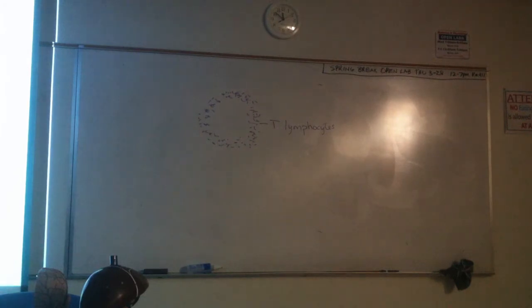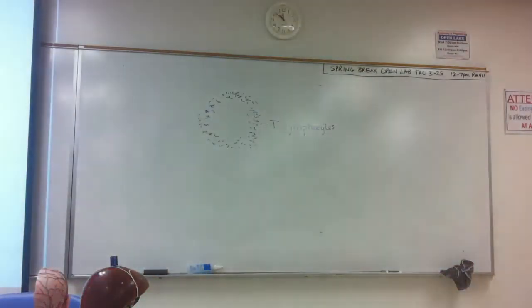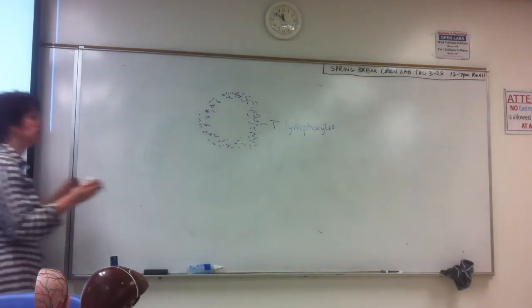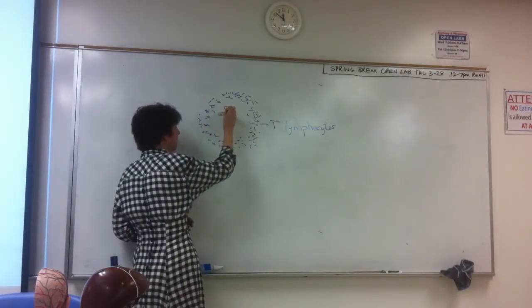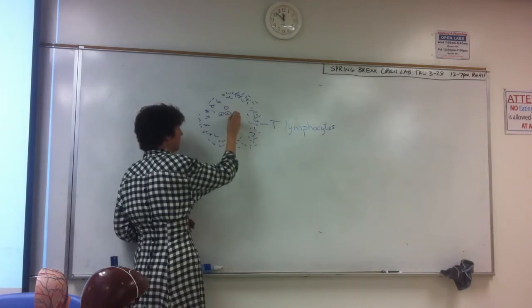So this seems to look a little bit different here. There seems to be slightly more clear space around the blue dots than out here. The reason for that is not always present, but if the B lymphocytes are activated, remember they're going to become plasma cells.